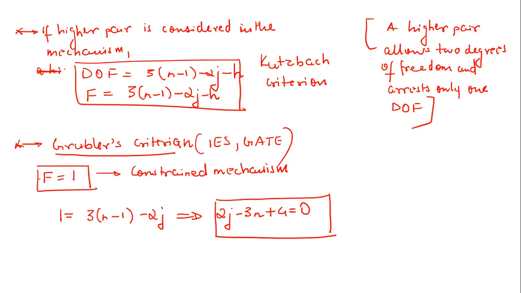But now let us try to understand it physically. Can anyone give me some idea, what is a constrained mechanism? It's fine that the degree of freedom is equal to 1, so why are we calling it constrained? Can anyone give some thought over this? Whatever is coming to your mind, just tell me.